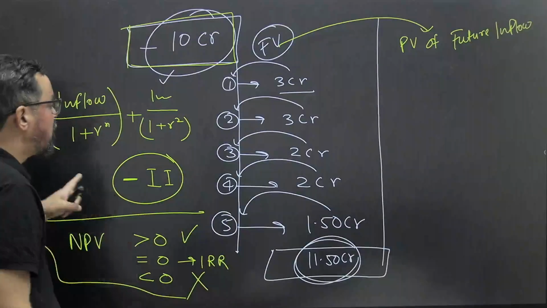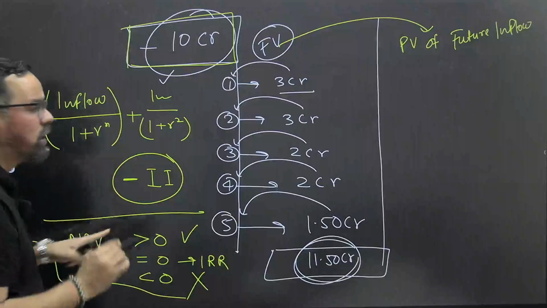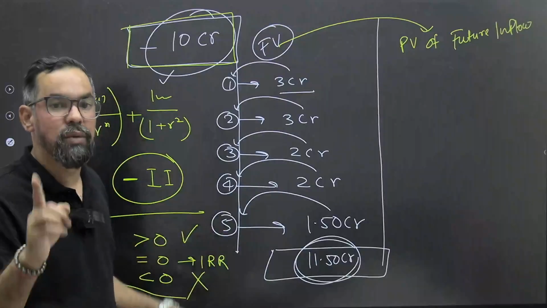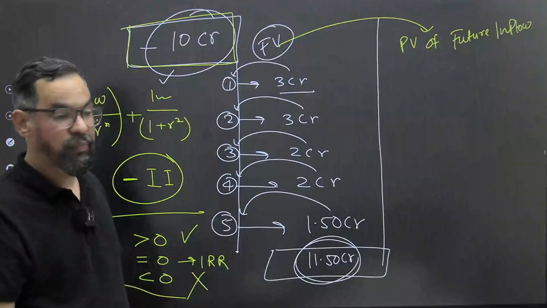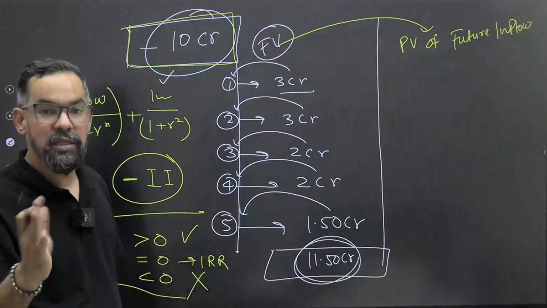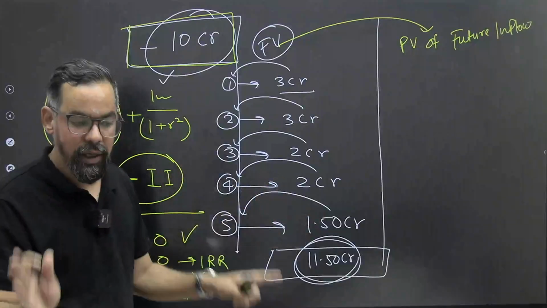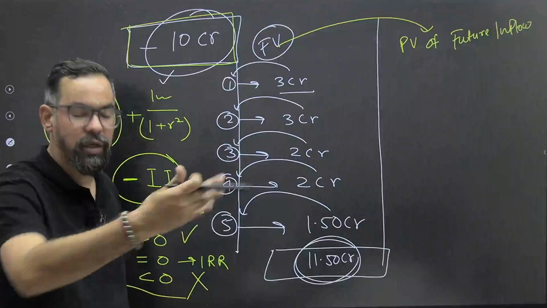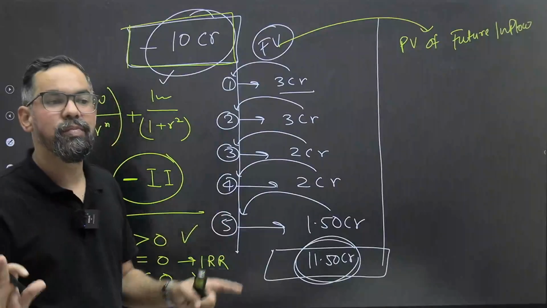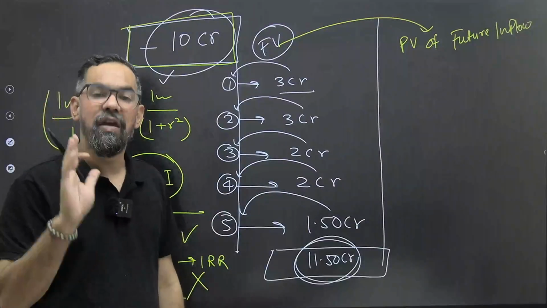Now, basically how you will calculate this: inflow divided by (1 + R), so there will be a given discount rate. We are discounting today's 1 rupee value against 1 rupee after 1 year. This is simple, based on the time value of money.